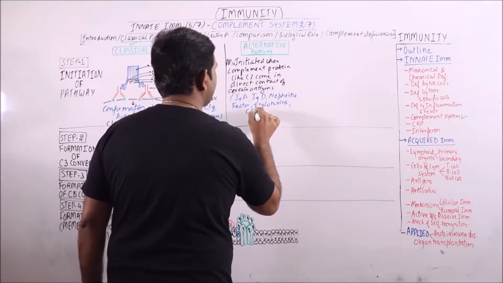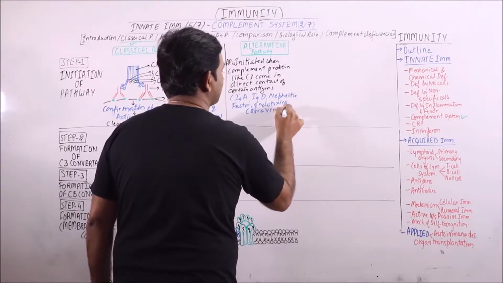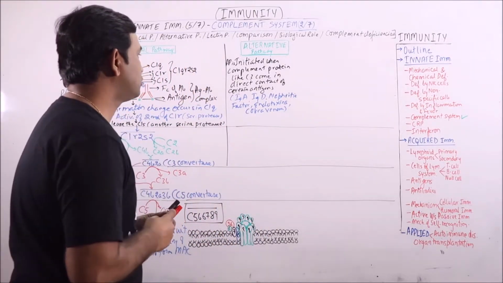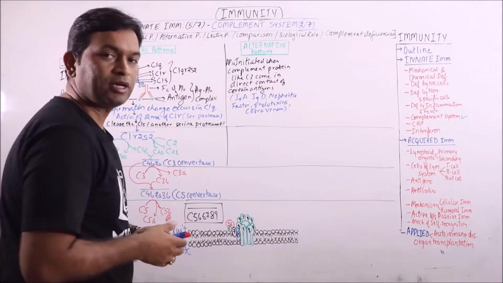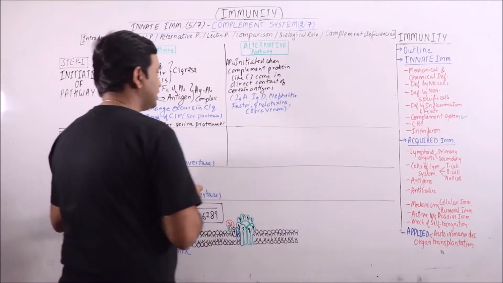There may be cobra venom even. So these are the various antigens when complement proteins like C3 come in direct contact with them.